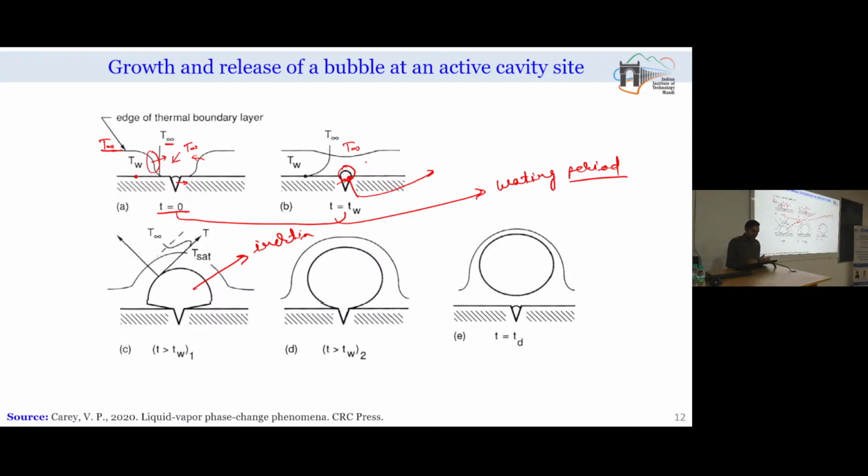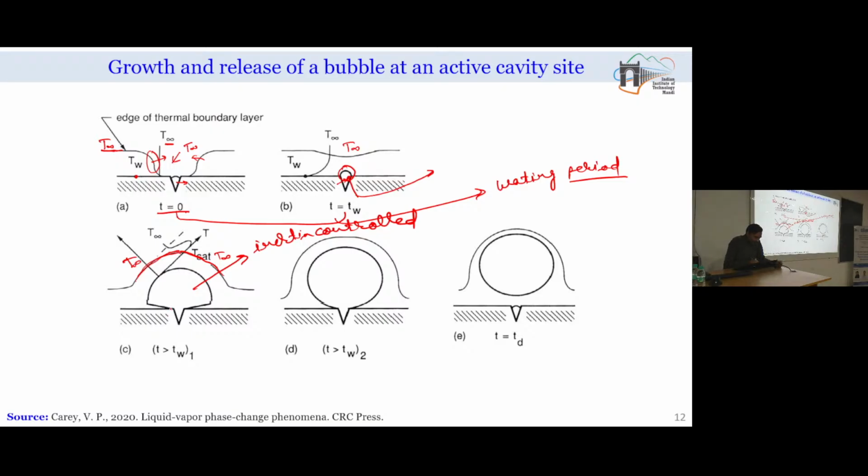So this initial phase of vapor growth outside the cavity is the inertia controlled regime. While it is displacing the liquid, the thermal boundary layer will also take the shape of the vapor, and we will have a boundary layer something like this. So this is the T infinity temperature.